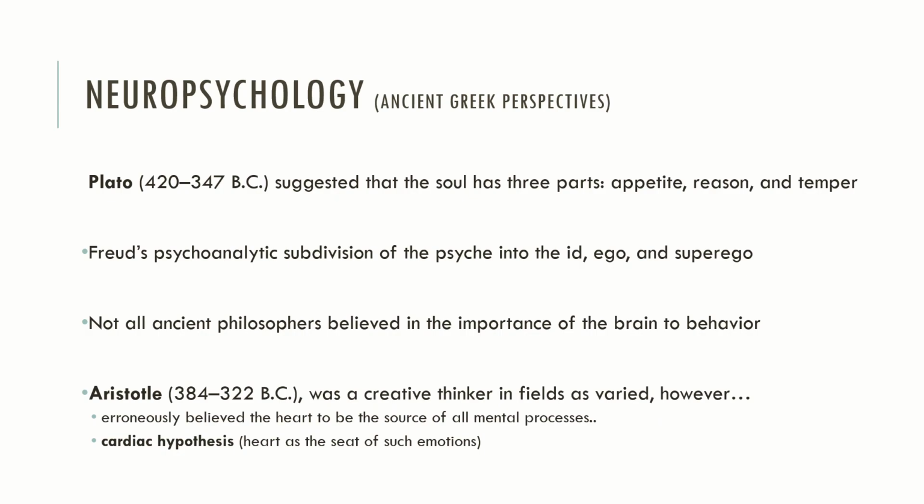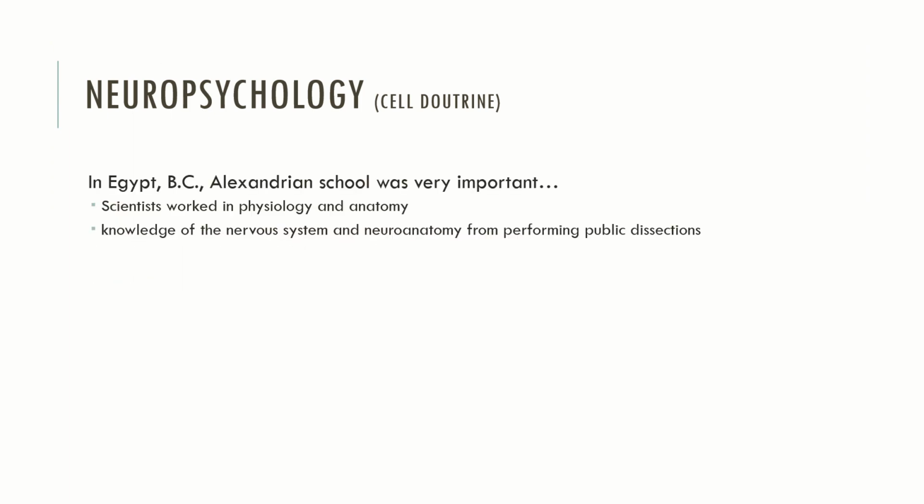However, he made some mistakes. He believed that the heart could be the source of all mental processes, and he developed what was known as the cardiac hypothesis, where the heart is the seat of every emotion and every mental process. Later, in Egypt, the Alexandrian school developed some different notions.